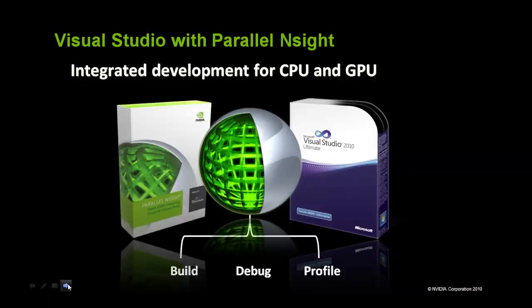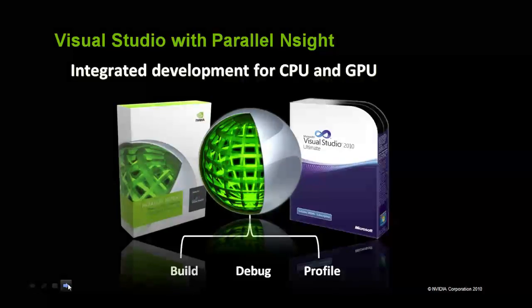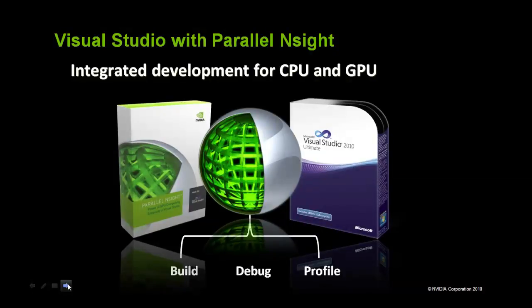It also provides the developer the ability to tap in to the speed and the power of the GPU while leveraging the flexible workflows and comfortable environment that the developers are used to working on every day. So within Visual Studio, developers can now build their GPU applications, they can debug them, and they can profile them.